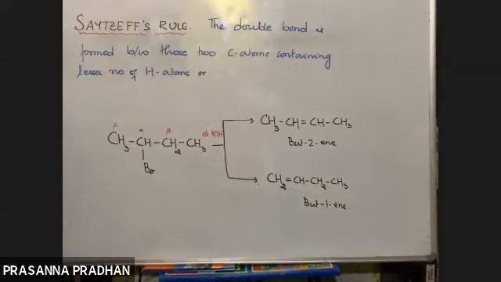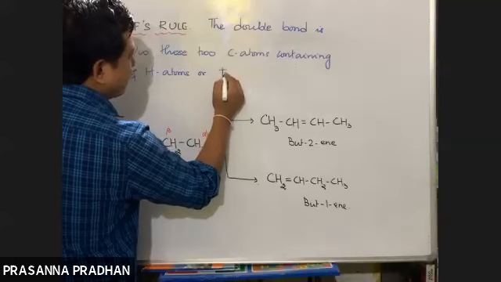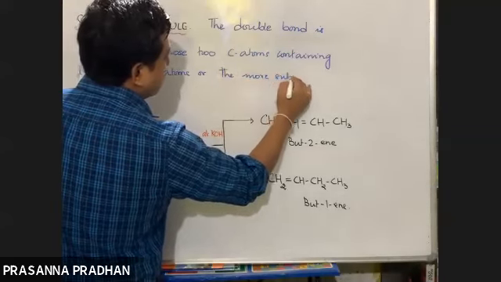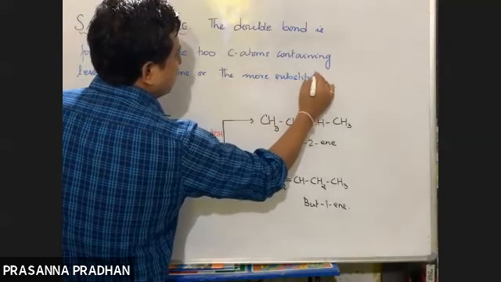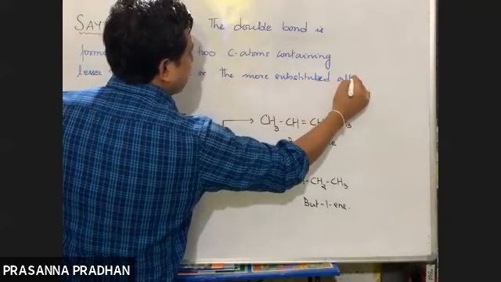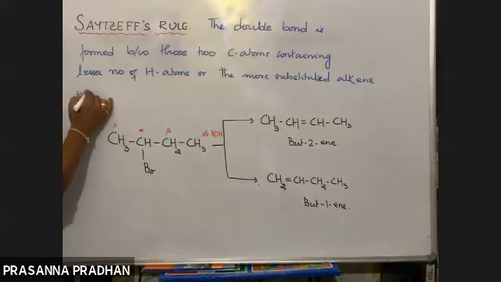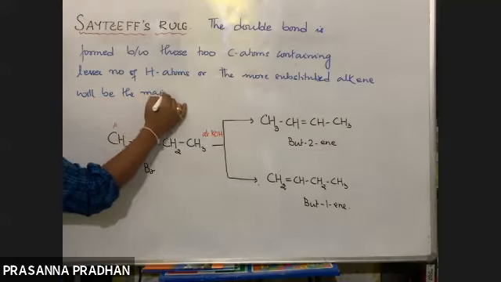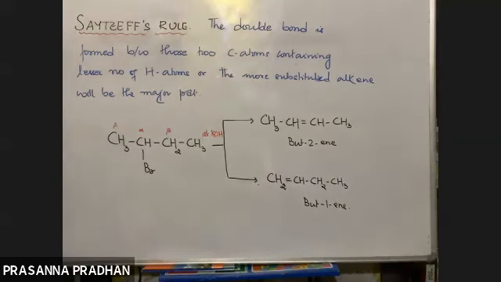Or in some texts you will find that the more substituted alkene will be the major product. So this is what is commonly known as the Saytzeff rule.